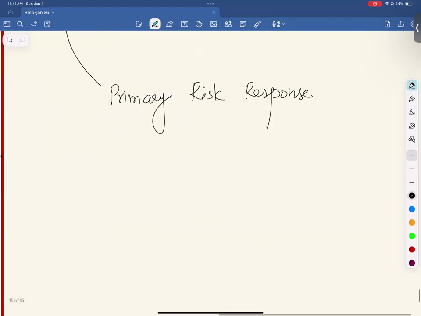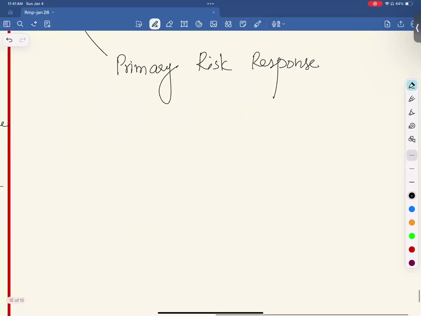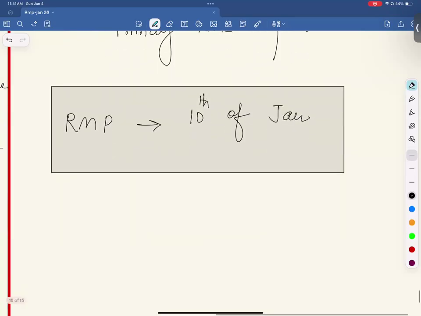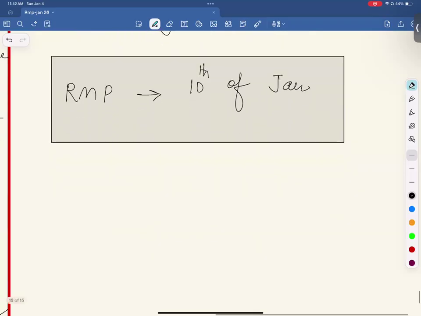Let's say you have a target to complete RMP certification by the 10th of January. That's your target. But if you prepare on your own, there are high chances of failure, right? This is the risk.